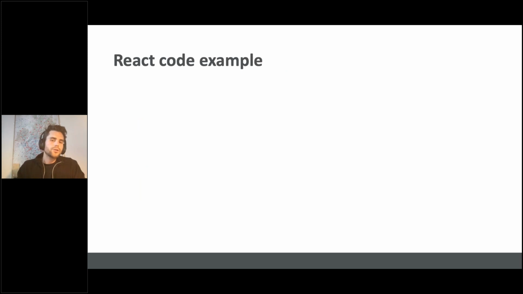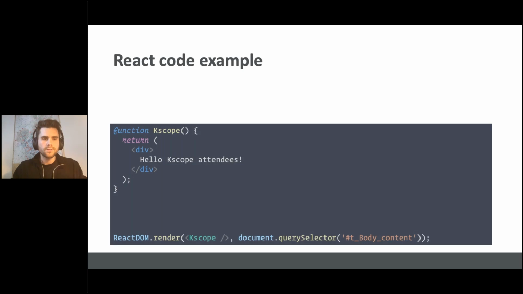So before I go too far in the theory of React, I think it's important to throw the simplest example possible, a React Hello World. So I'm sorry in advance, most of these code snippets in this webinar are going to be using the Kscope example because I gave this talk at Kscope, but this is really just an example.